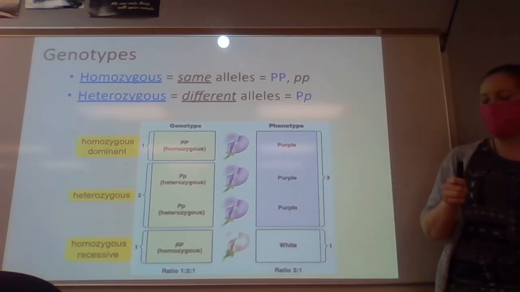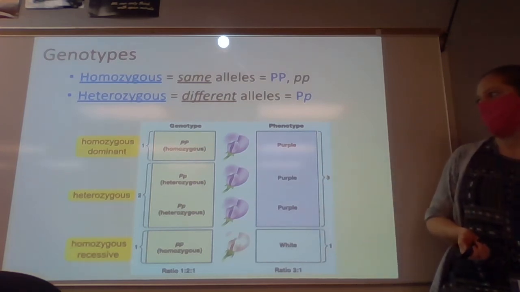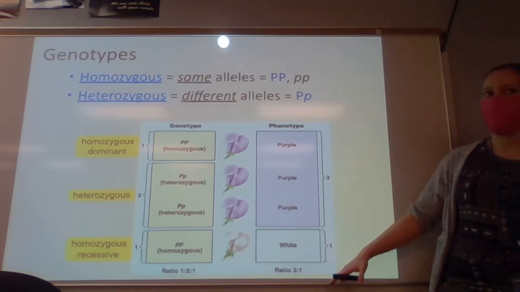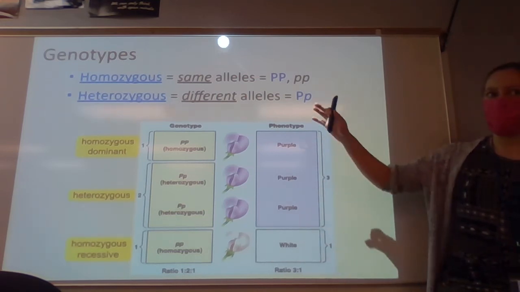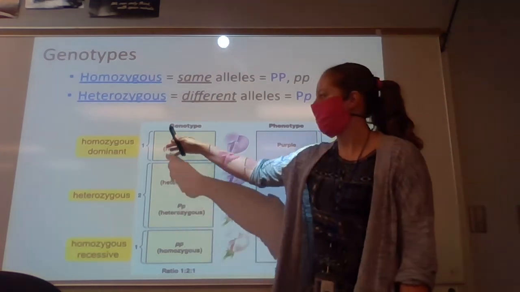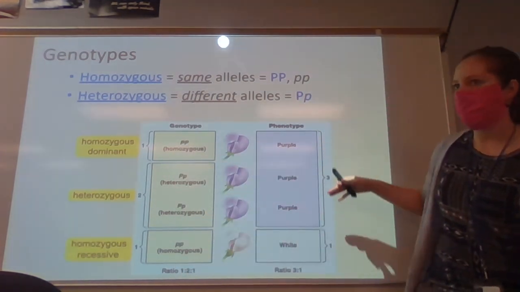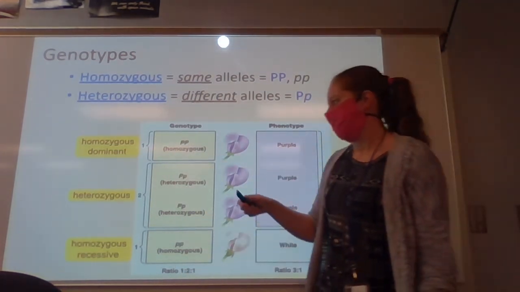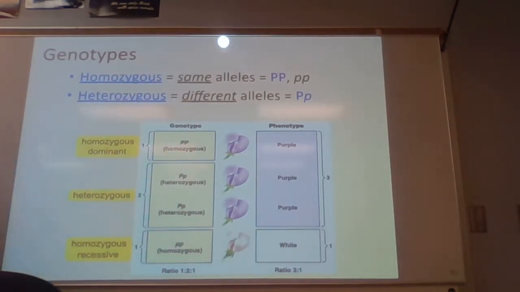Two. Purple or white. Okay, dominant or recessive. So again, there's a distinction between what genotype you have and what phenotype you have. If we think back to proteins, as long as you have a dominant allele, you're going to make the purple pigment. If you don't have a working copy, you can't make the purple pigment. You end up being white.